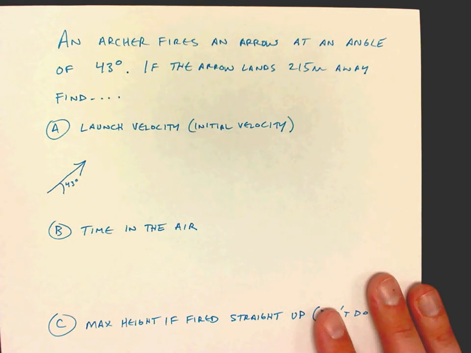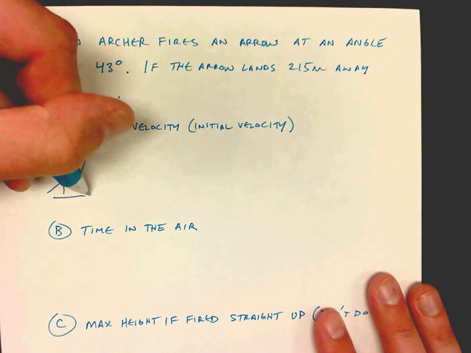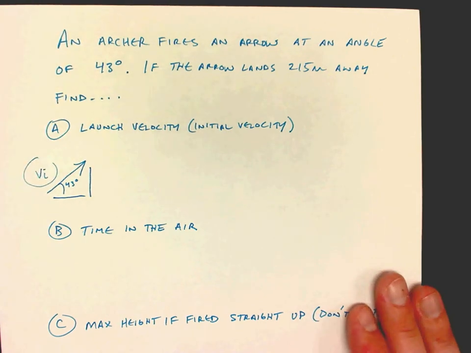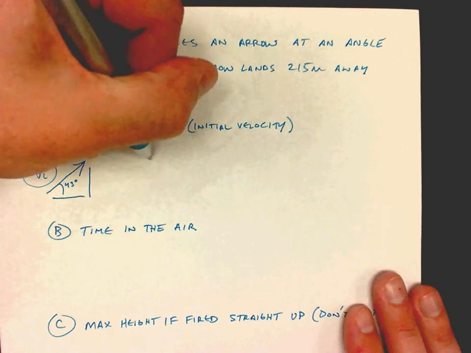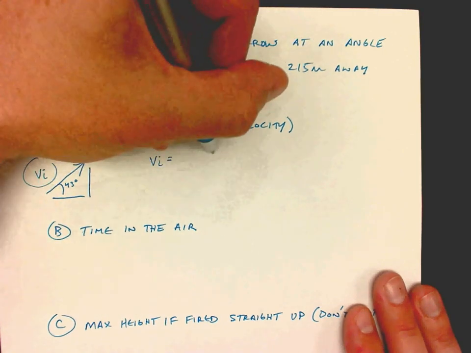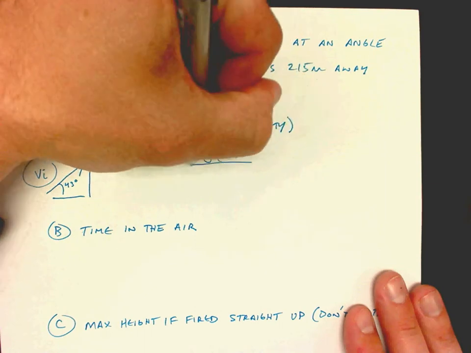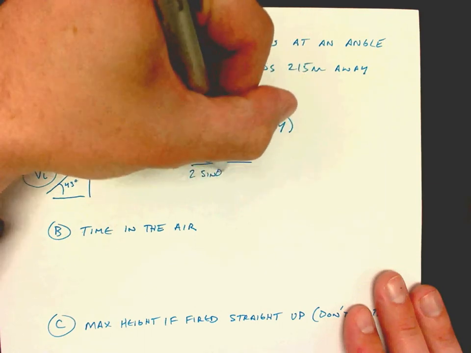Here's theta. It wants us to solve launch velocity, so we're solving Vi. This is what part A wants, and to solve that we have the specialty equation that I just showed you in the previous screen. So this guy, write that all out.